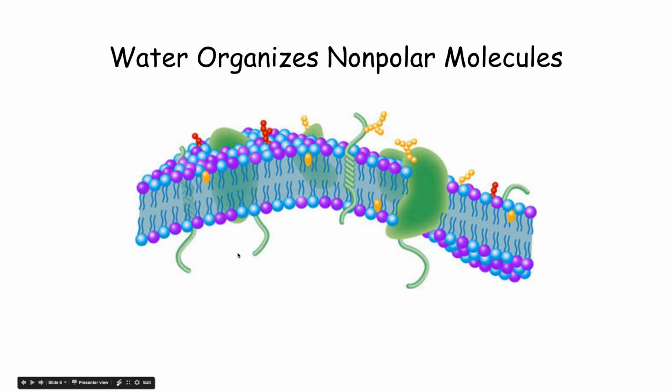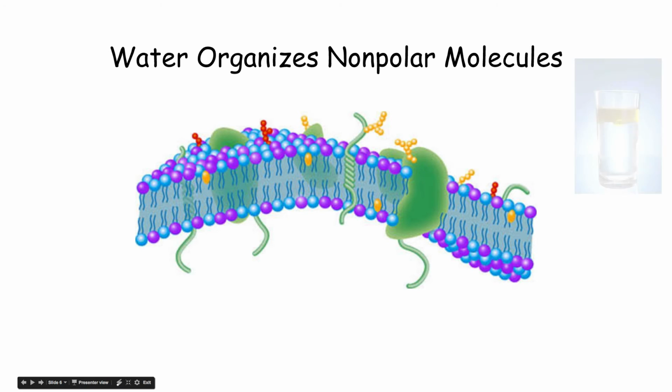Now on the outside of the cell over here is a liquidy material, and inside your cells is also a liquidy material made mostly of water. So basically what happens, the hydrophilic heads of this are attracted to the water because they're soluble in one another. But why do we see all of these tails in the center?